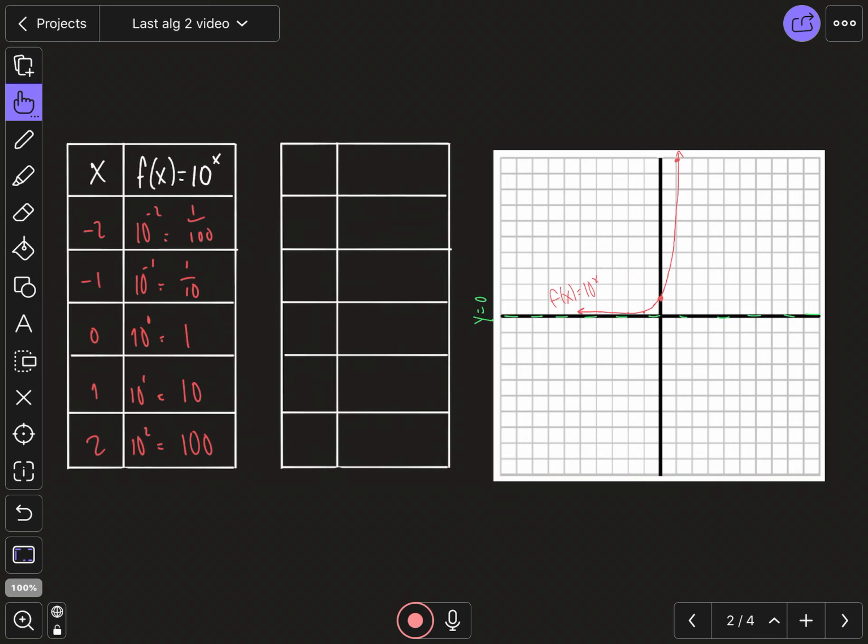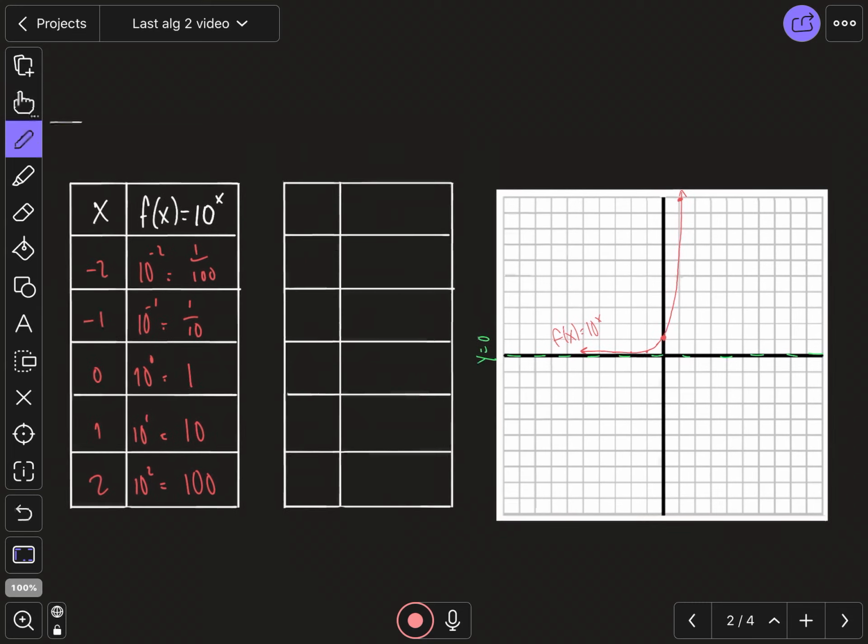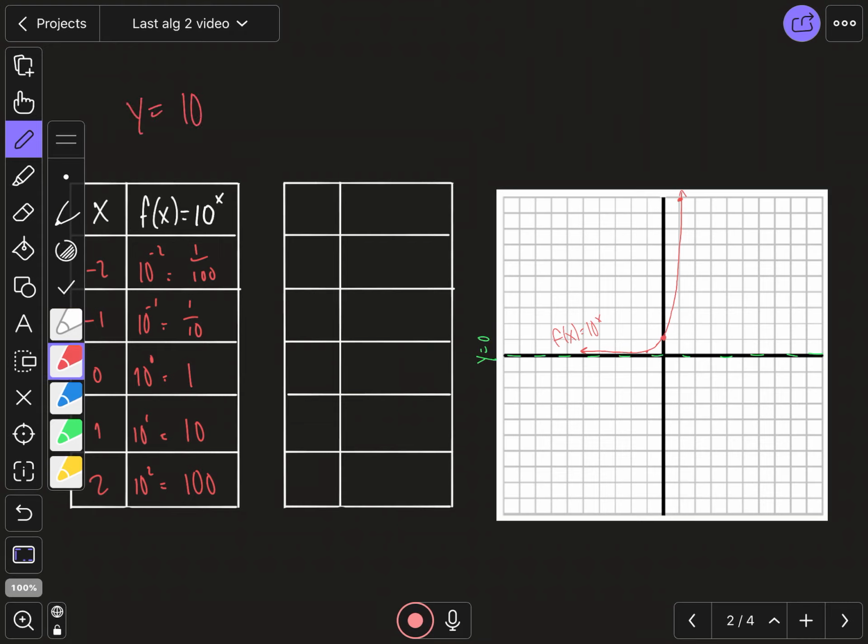And we've been talking about this unit how exponentials and logarithms are inverses, so if I just say y equals 10 to the x, then x would equal log base 10 of y.